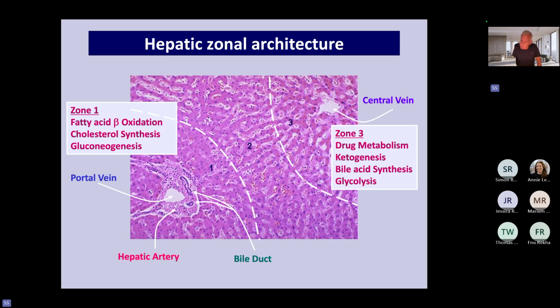This is where bile acids are synthesized, and this is where glycolysis takes place. And zone 2 is sort of a zone that's an intermediary between zones 1 and 3, where we have a transition of these two distinct groups of metabolic functions.